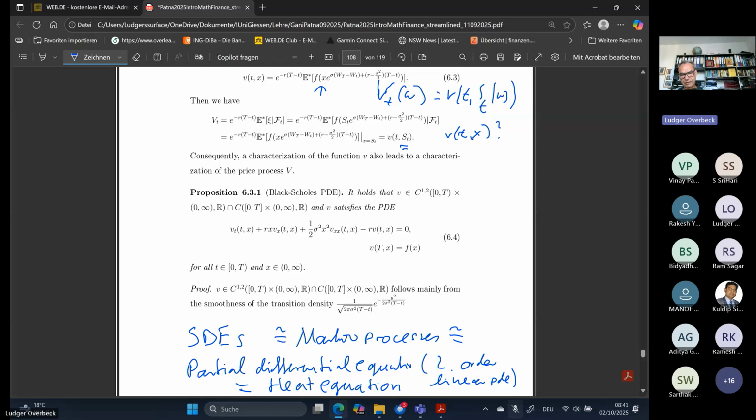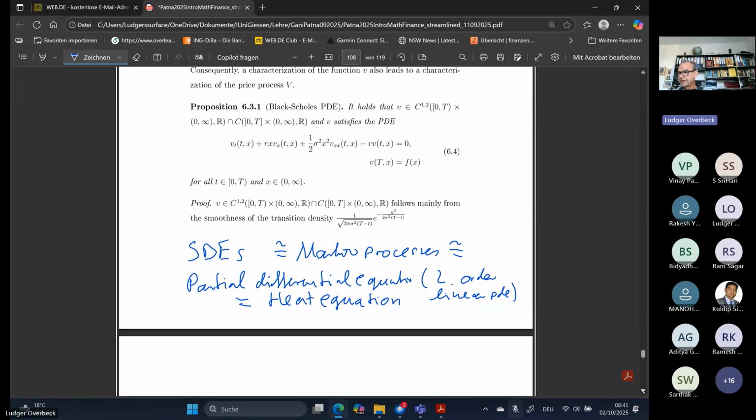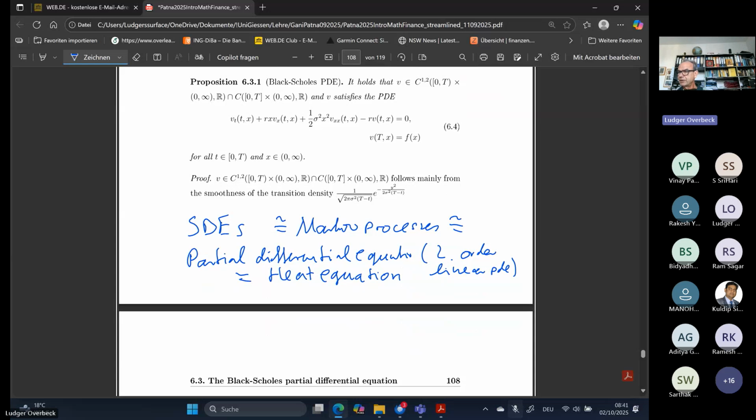And actually, in the original Black-Scholes paper, there's not much about probability, because they just work on the partial differential equation. They more or less derived this partial differential equation by economic arguments in the original paper.